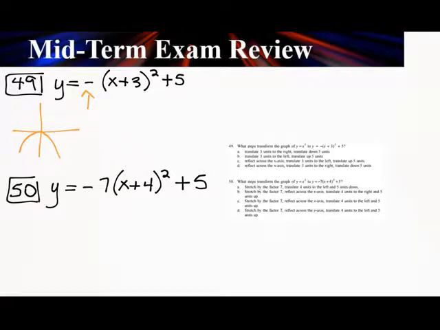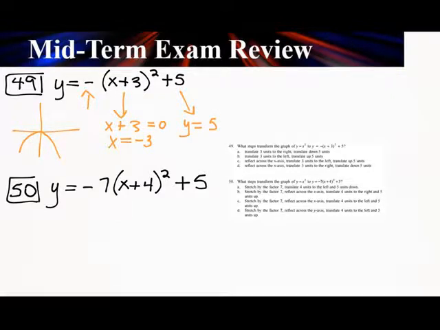The 3, remember, we want to know what the x really is. So this is going to make the parabola move left 3. And the y is really just whatever the number is. So this means that we're going to move up 5.